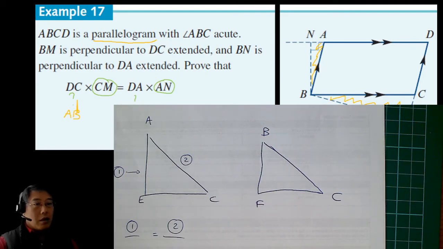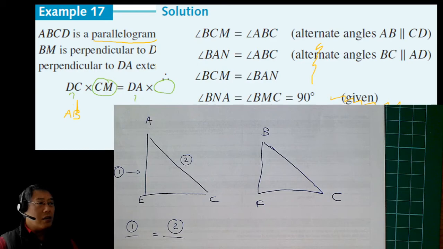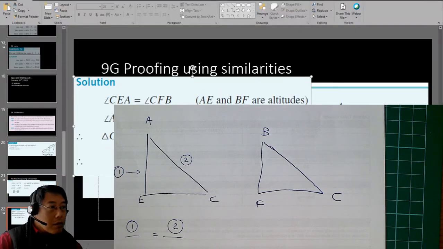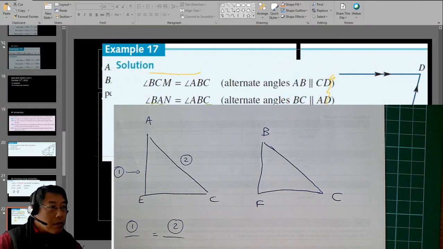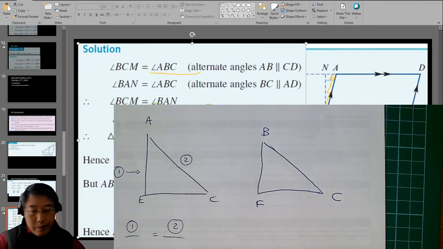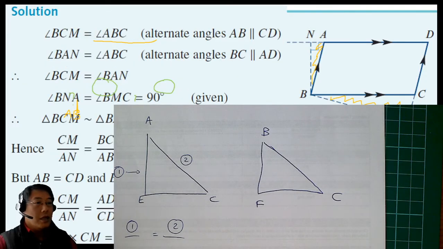Alright, so you look at the alternate angles. I need the drawing as well. So you have your angle BCM, that angle here is going to be equal to that angle ABC.